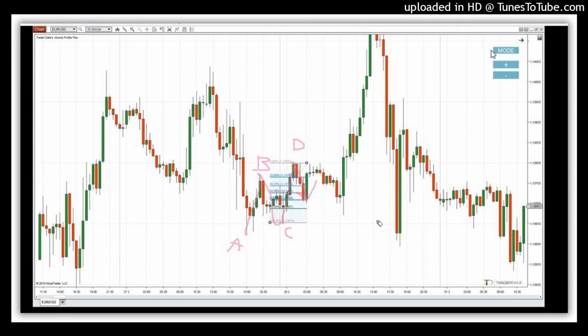This is the C. And now you move the profile, so it begins at C. And this will be the zone to go long from, this zone right here.